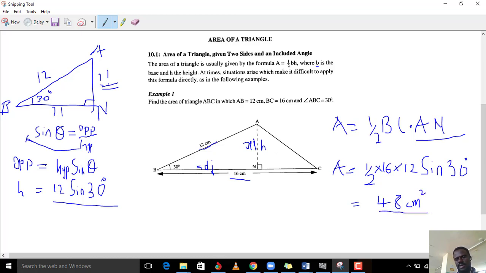Now in a nutshell, if we are given a question like this and told to get the area of a triangle where there are only two known sides with an angle subtending the two sides, we take half of the product of those two sides.